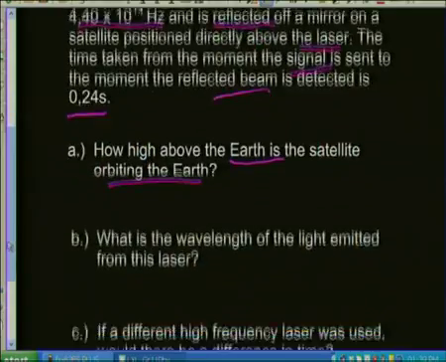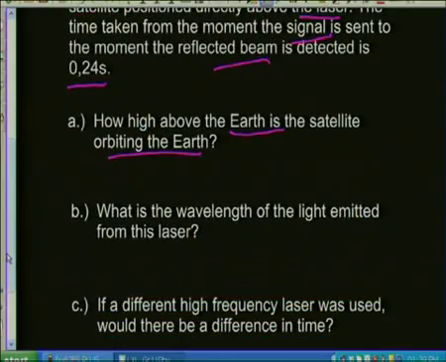So we're wanting to work out a distance. We're wanting to recognize that the light beam has traveled from Earth up to the satellite. It's been reflected back down again. Before we carry on and do that calculation, let's just make sure we've got the other parts to the question sorted and that we can be thinking about them.